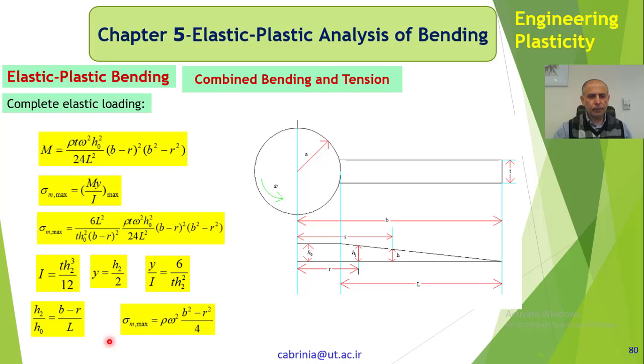Obviously in this equation I have put these, and also I have used this, so I can simplify this to this, because here h0 is cancelled out, l squared is cancelled out, and b minus r squared also is cancelled out, so it simplifies to this.